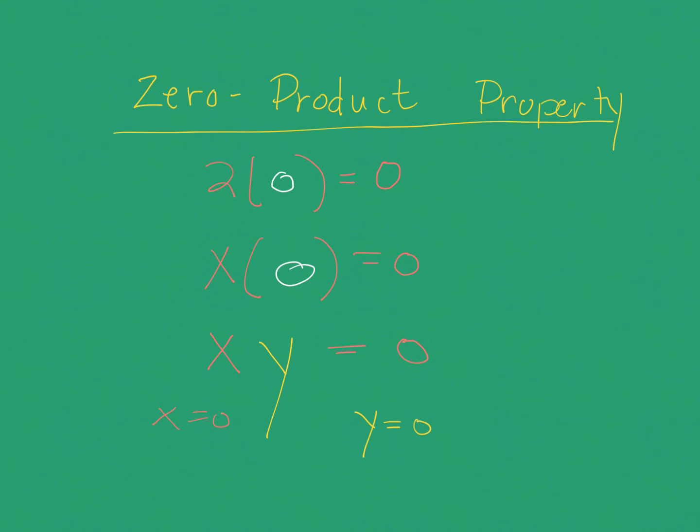That's all we need to know about the zero product property as we go into this. You probably already knew this, but I just want to make sure that you are reminded of that. If we multiply two things together and the result is 0, then either the x value is 0 and/or the y value is 0.